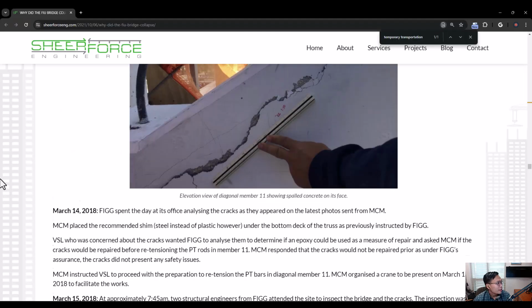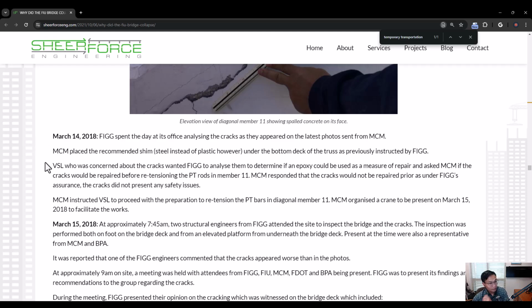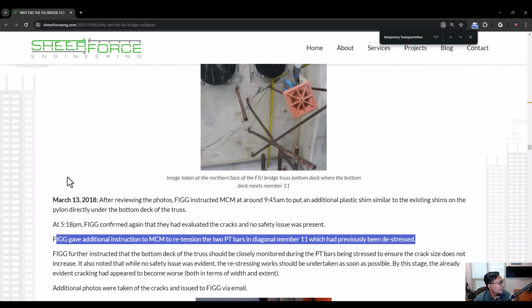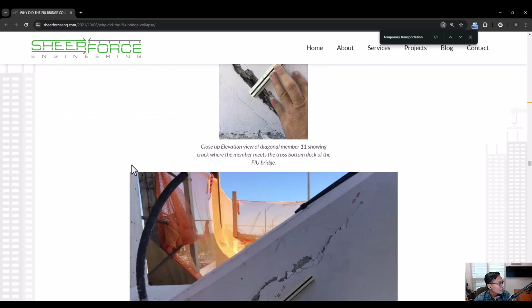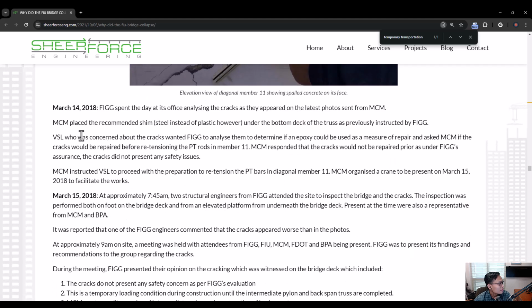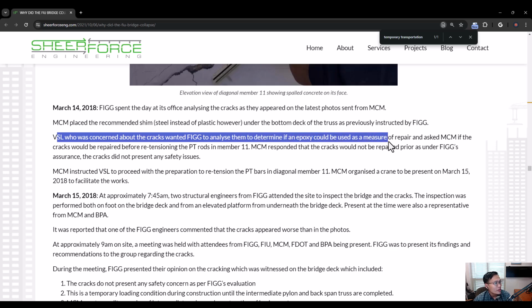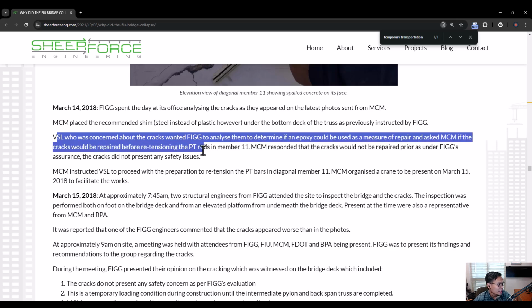So you can see here, VSL, who were concerned about a crack, wanted FIC to analyze them to determine if epoxy could be used as a measure of repair, and ask MCM if the crack should be repaired before retensioning the PT for the member 11.